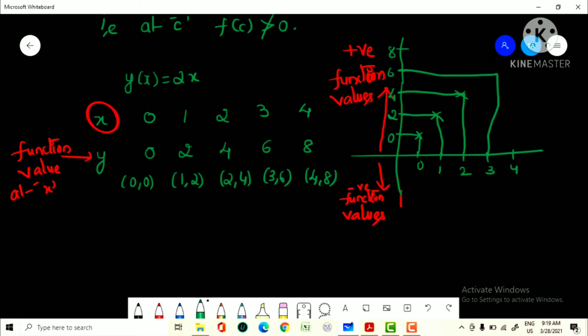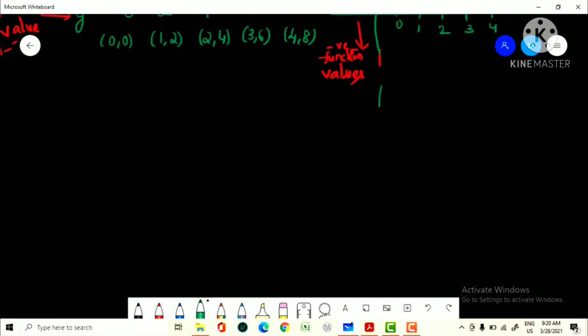So that means at 0 you are finding f of 0 equal to 0, right? At 1 you are finding f of 1 is equal to 2. At 2 you are writing f of 2 is equal to 4, like that.